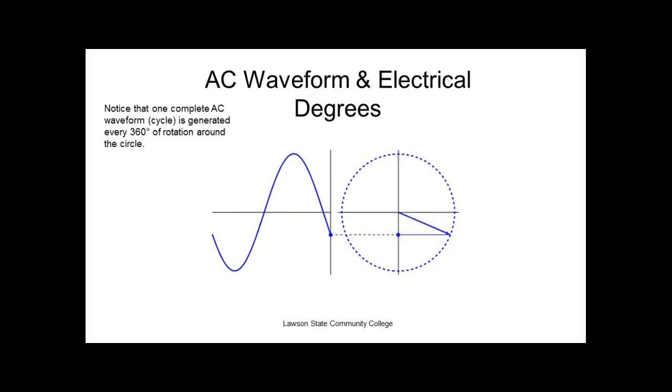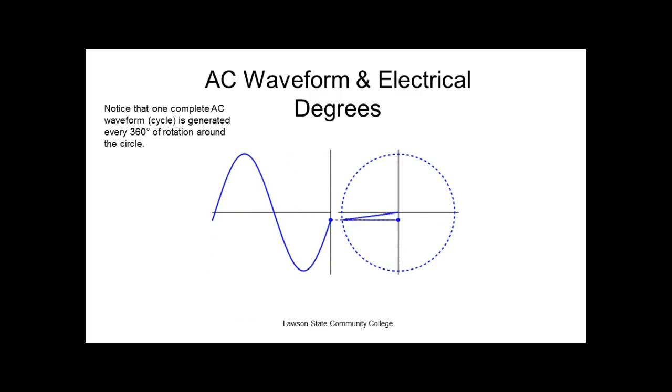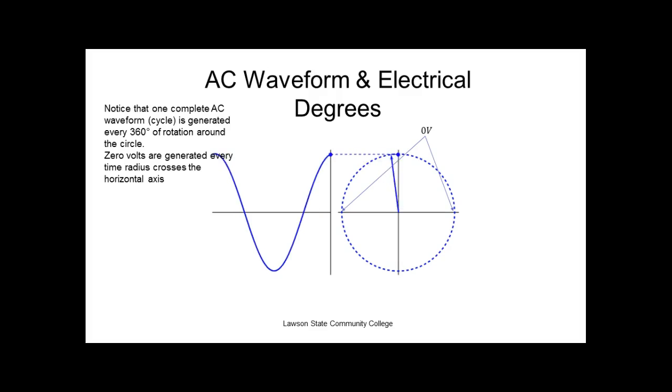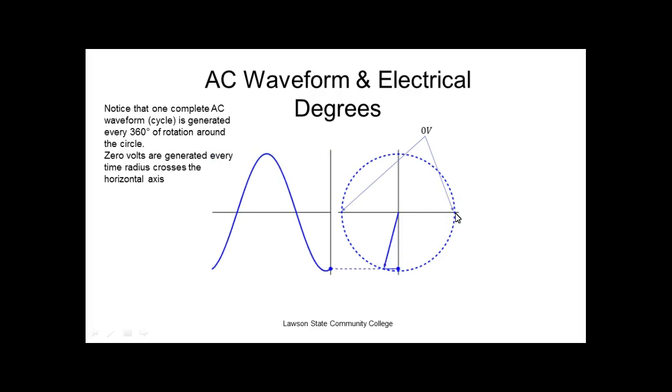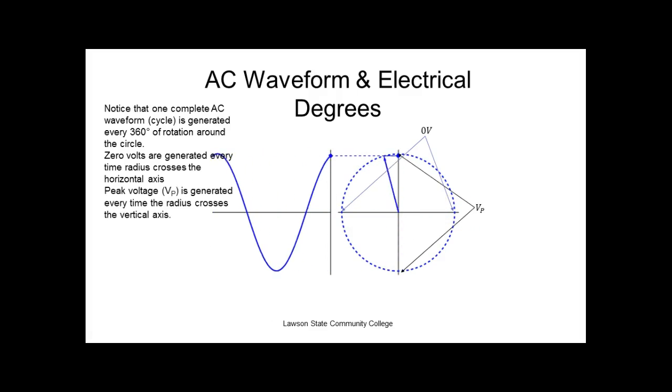But all AC signals are not sine waves. Everybody understand that? And we looked at that a while ago. 0 volts is generated every time it crosses the horizontal axis. So this will occur at 0 degrees and 180 degrees, right? Understand that.